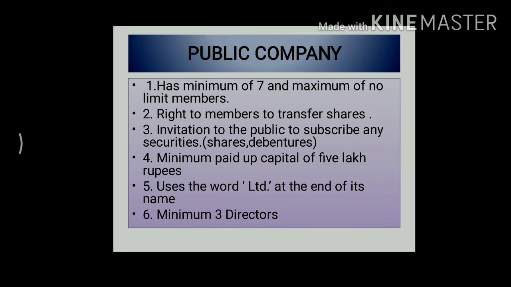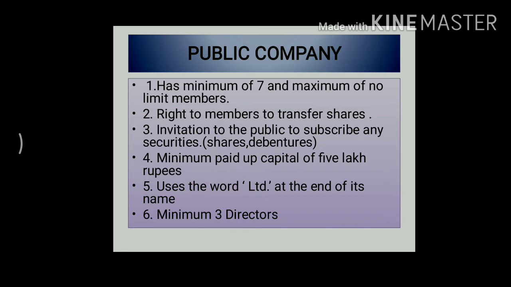The characteristic form, we have a minimum of 7 members required and maximum there is no limit to the membership. The members, the owners of the company, have the right to transfer their shares. The public company will invite the subscription from the public. That is, they are going to get their money, the capital formation, by invitation given to the public in the form of a prospectus, and through that they will get shares, debentures or deposits.